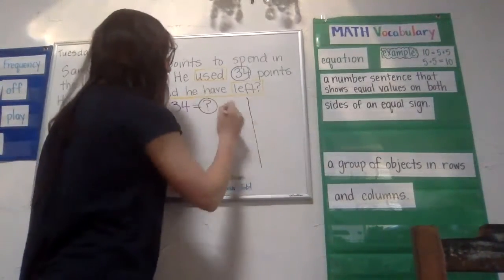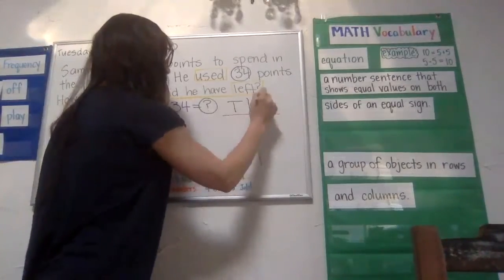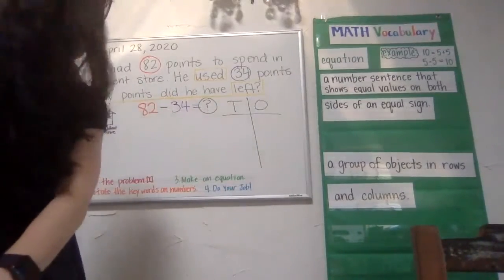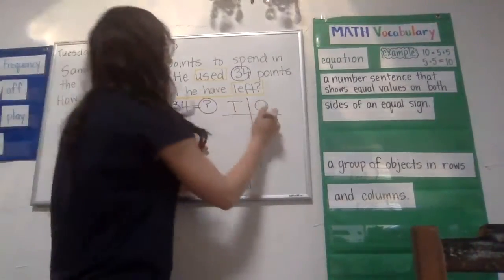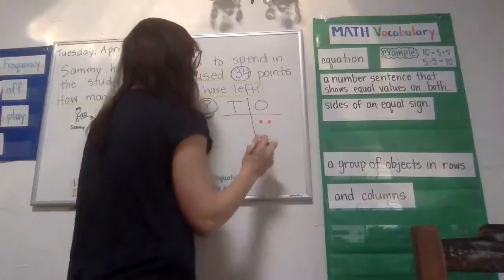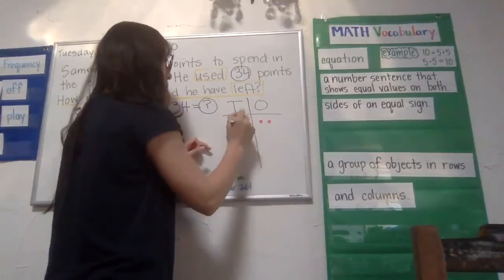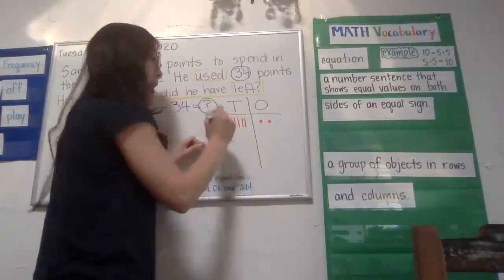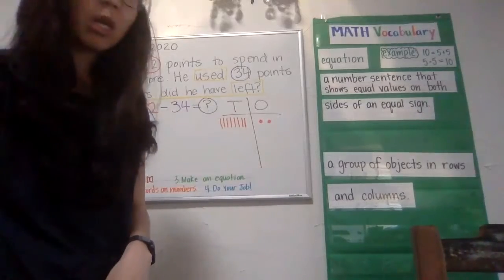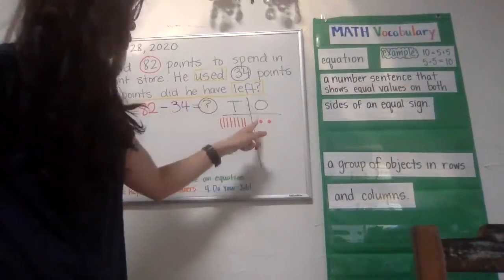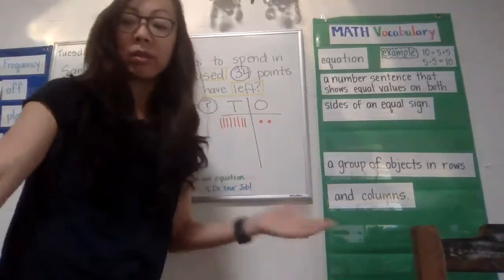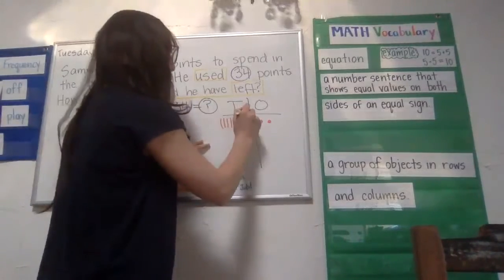All right, let's build our place value chart, scholars. T and O, and I'm going to give you my 82. 2 ones, 1, 2, 3, 4, 5, 6, 7, 8 tens. And I want to subtract 4. Oh, I don't have 4 ones. I better unbundle.